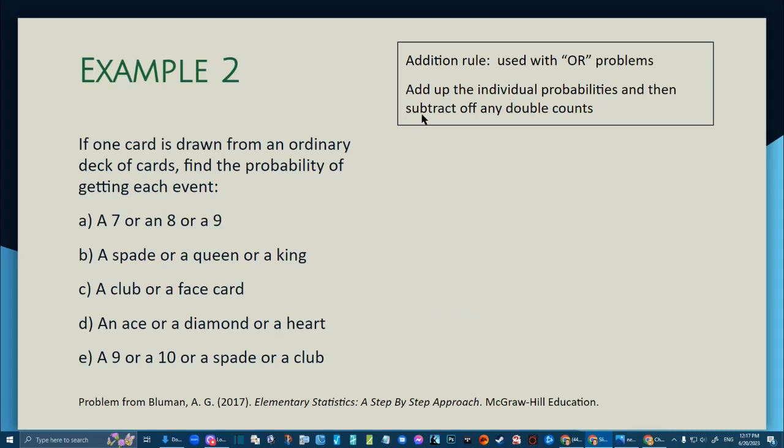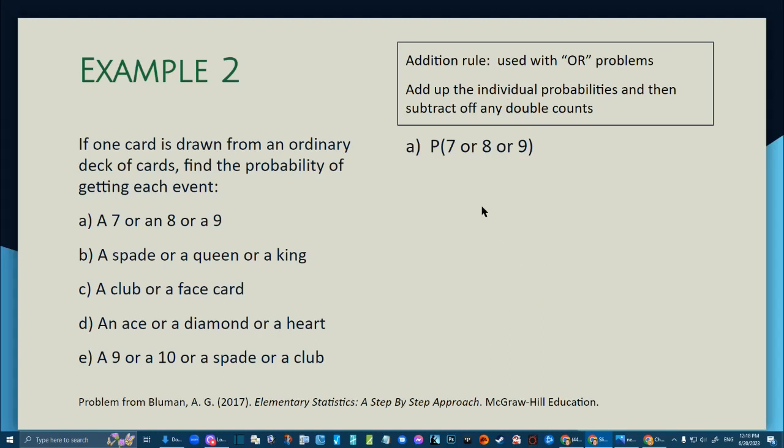The addition rule basically says add up the individual probabilities, and then subtract off any double counts. Subtract off any overlap. So we're going to look at each of these, starting with A. We're going to add up the individual probabilities and then look if there's any overlap and subtract that double count off.